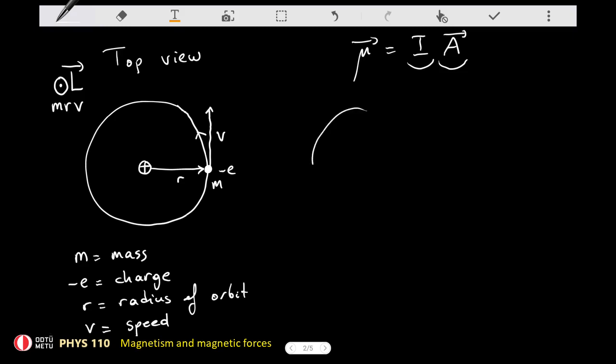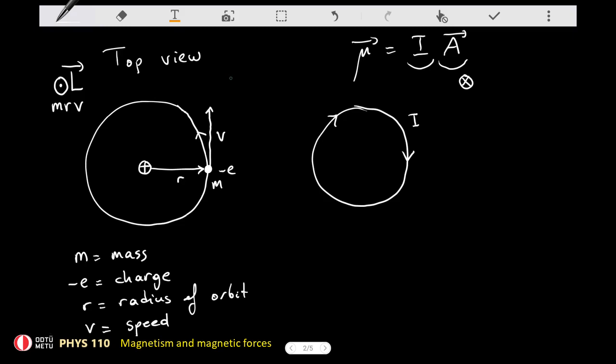Let's just draw the circle again. So this is the same circle, except that now the current along this direction, in the direction opposite to the velocity, is positive. So with this choice, the area vector is pointing into the screen. So area is into the screen. Therefore, current times the area, the magnetic dipole moment should be pointing into the screen.